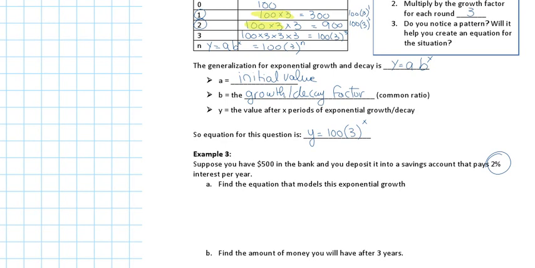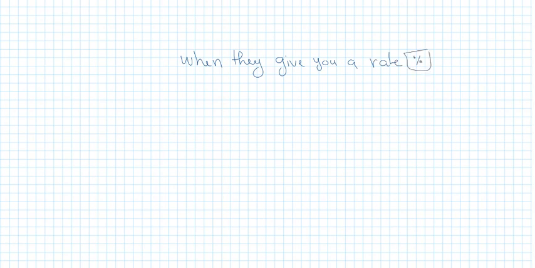So when they give you a rate, which is a percent, you're going to have to use one of these two formulas. The formula is y equals a(1 plus your rate) to the power of x, and that's for your growth.